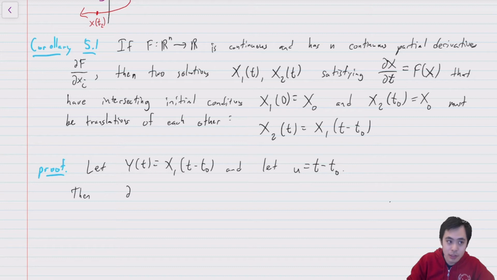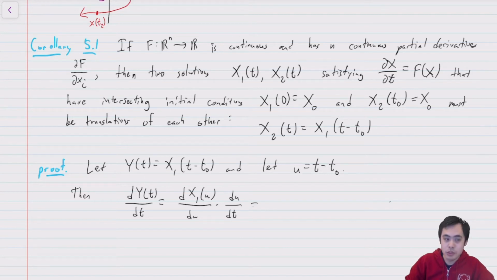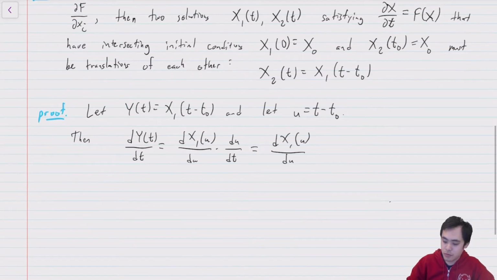We have dy of t/dt is equal to dx1 of u, not partial, these are ordinary derivatives. So dy/dt is equal to dx1/du times du/dt, which is equal to dx1/du.